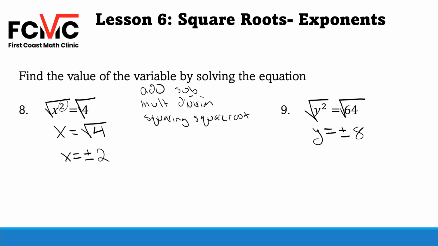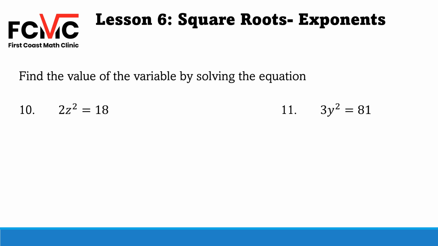Let's get into one more example where we're solving for x and y. All right, actually, let's do 2 more. So I've got 2z squared equals 18. So thinking of our order of operations, right? We want to do exponents first and then multiplication. But when I'm solving for my variable, all right, let's go the opposite order. So I want to get rid of this 2 first.